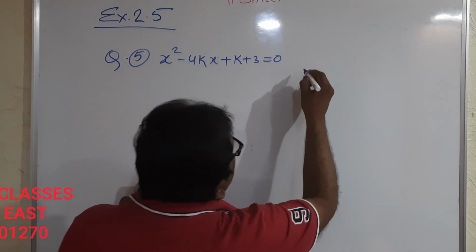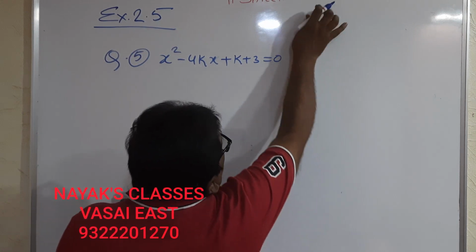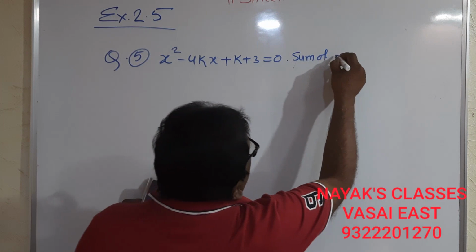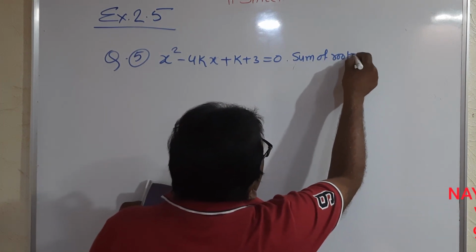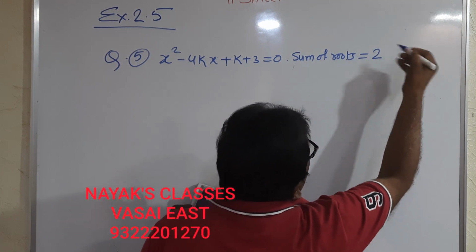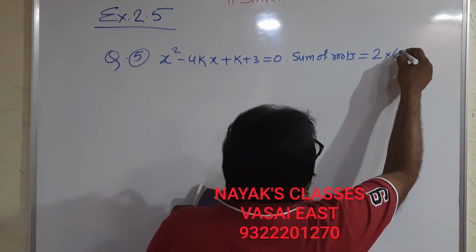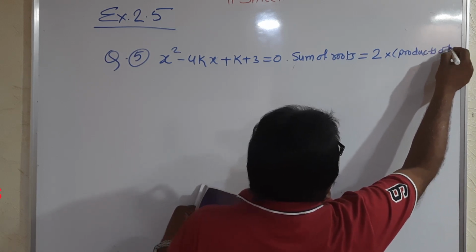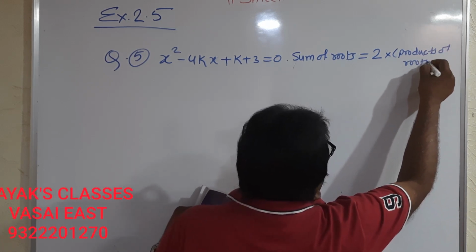And the condition is that the sum of roots is equal to double the product of roots.